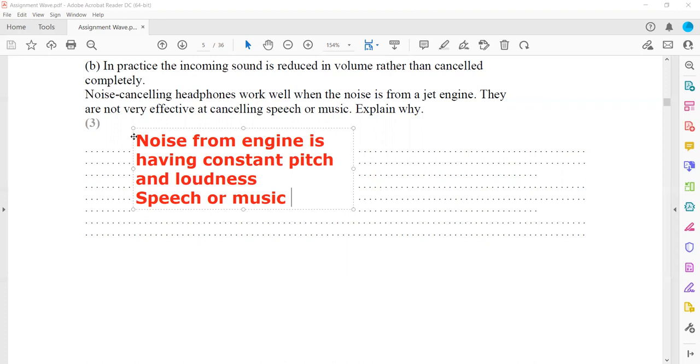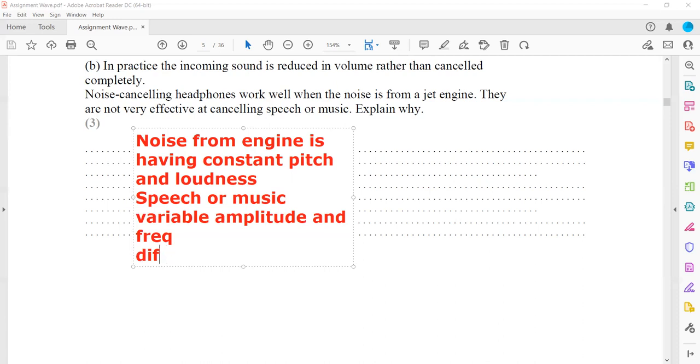So speech or music has a variable amplitude and frequency, or you can say pitch or loudness.